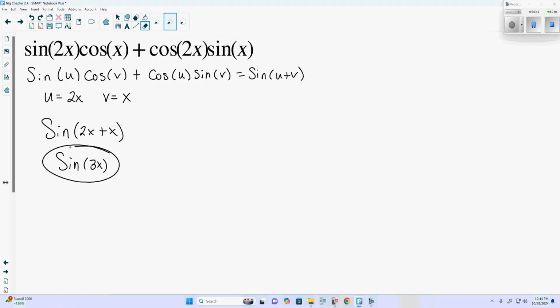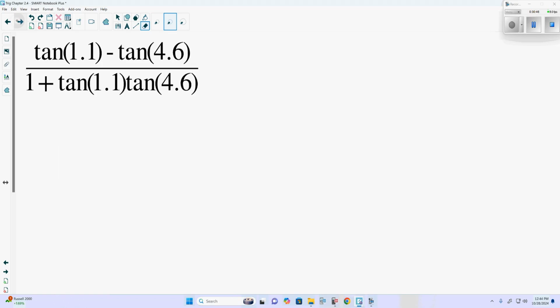Questions on this here? All right. This is the first one that we've actually had tangent. And again, we're going to line it up. Now, our tangent of alpha plus beta, we have tangent of alpha plus tangent of beta over 1 minus tangent of alpha, tangent of beta.